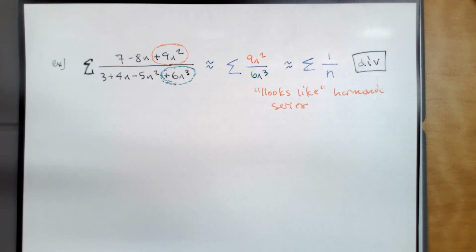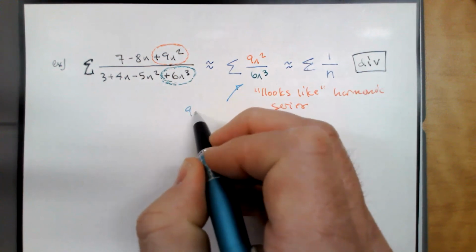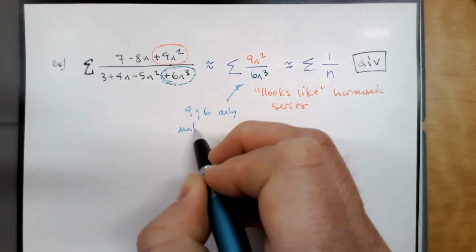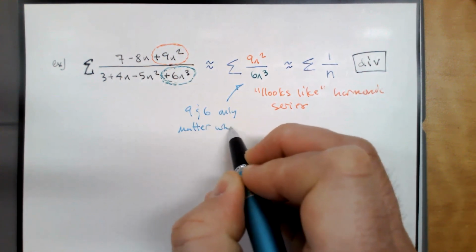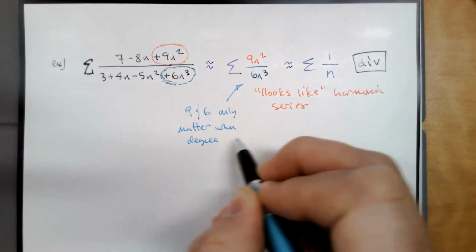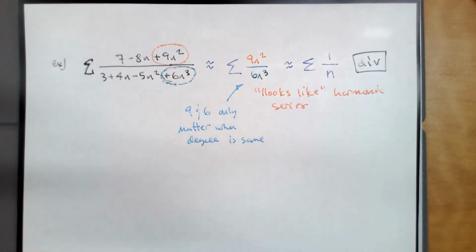So the 9 and the 6 only really matter when n is about the same. The 9 and the 6 are only useful for comparison when the n's are the same.